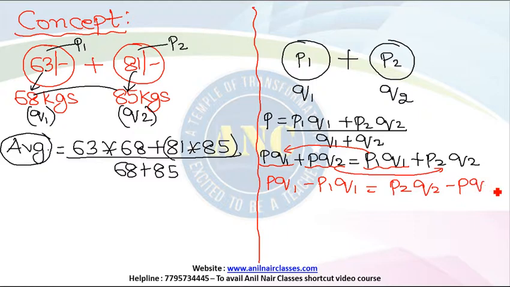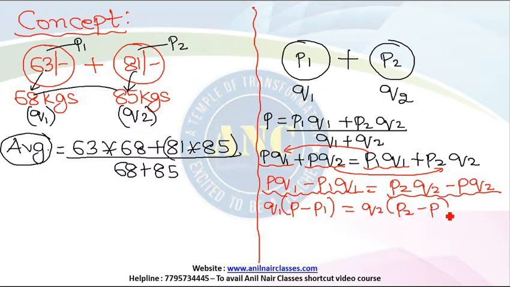Taking Q1 common, this becomes P minus P1. Taking Q2 common, this becomes P2 minus P.